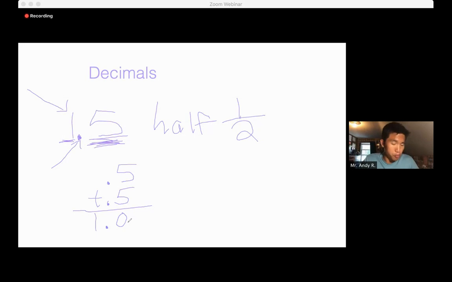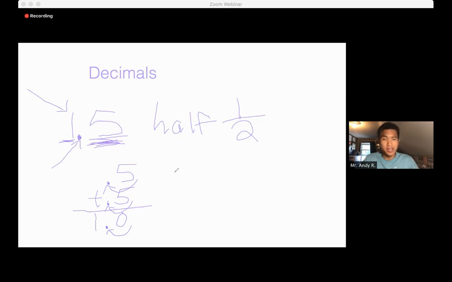So 0.5 is 1 decimal place, the other one is also 1 decimal place, so this would also be 1 decimal place.